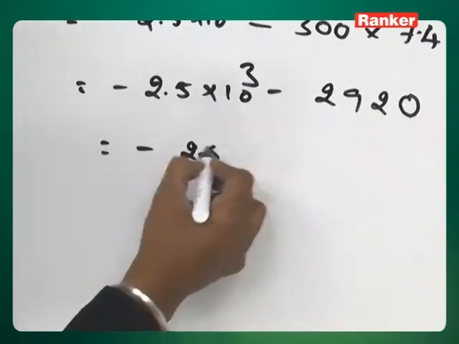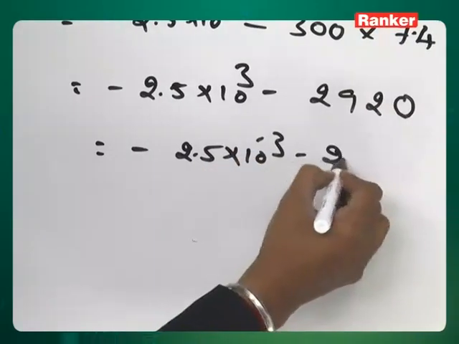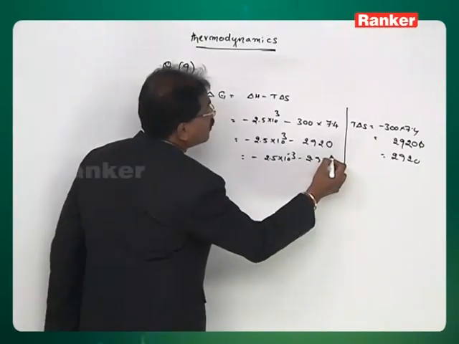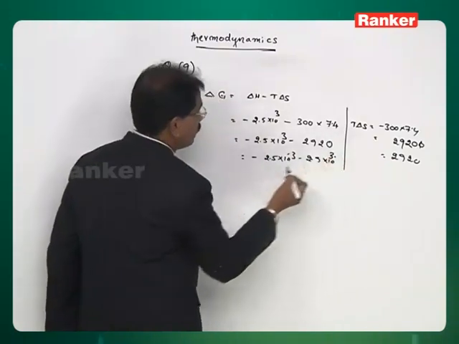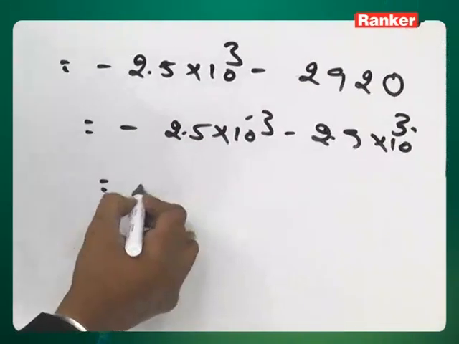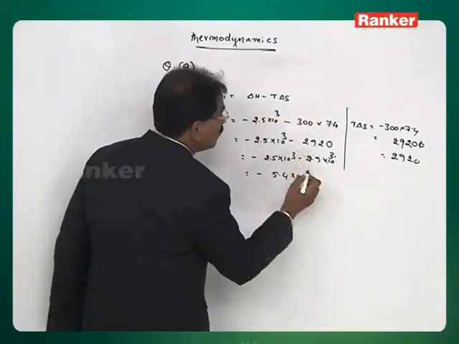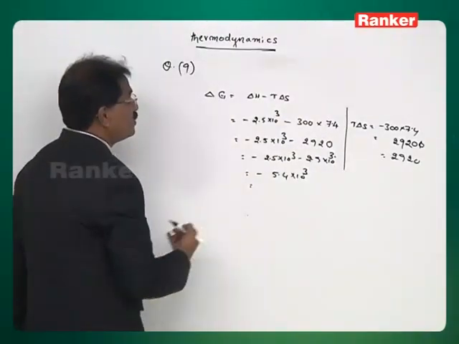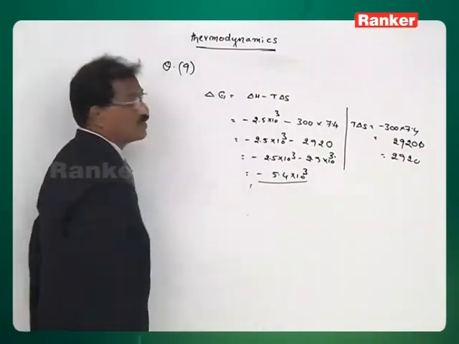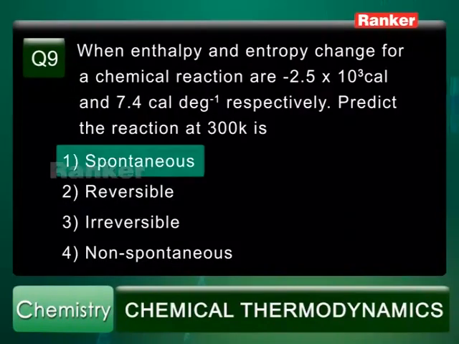Therefore, minus 2.5 into 10 power 3 minus 2.9 into 10 power 3. Therefore, the answer is minus 5.4 into 10 power 3. Since the free energy change is negative, we can say the reaction is spontaneous. So answer is 1.